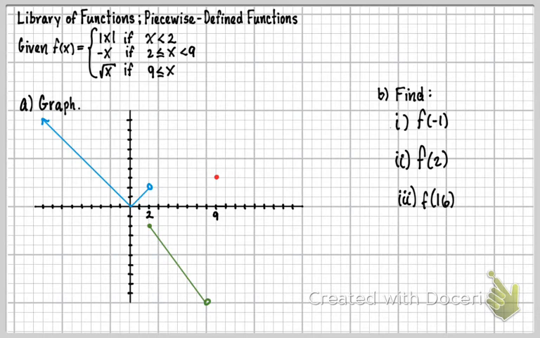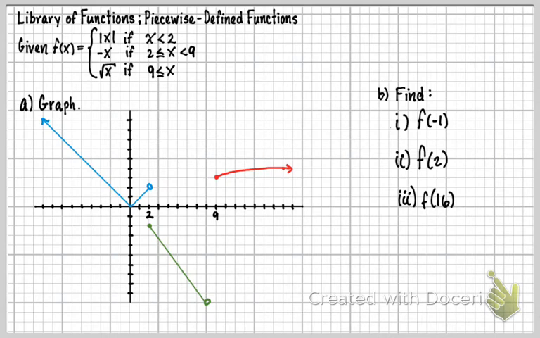And at 16, if we did an XY table, it would be 4. So it would be there. Let me fix that a little for accuracy. All right, and that would keep going. So that's our piecewise function there.